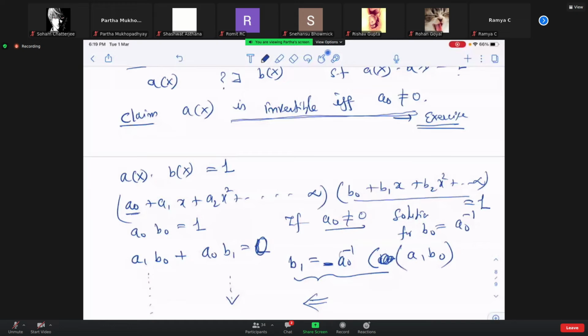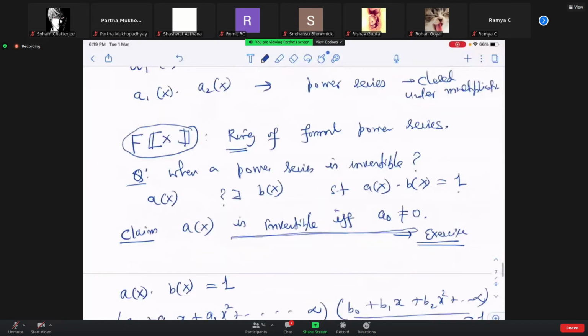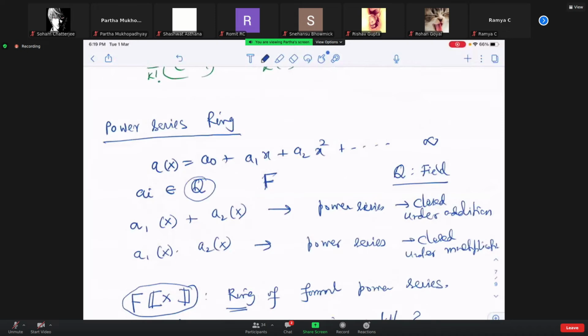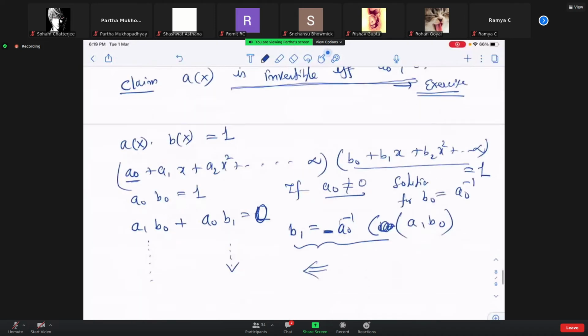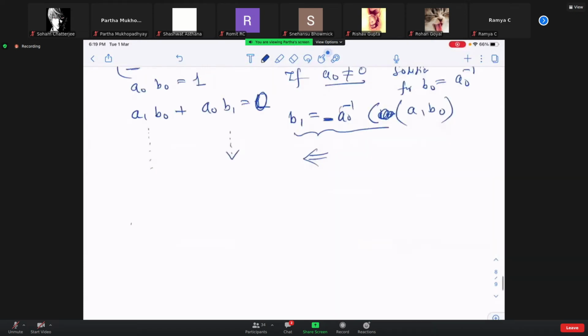But the point is that here I'm working in the formal ring structure. There is no meaning of the variable x. It's a formal variable, and I'm working in just a syntactic way. For example, when you write (1 minus x) to the power minus 1, you are not thinking about any radius of convergence.